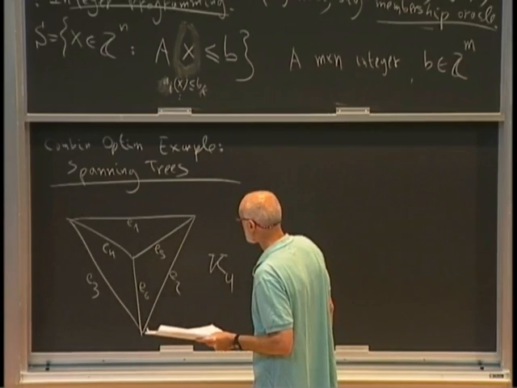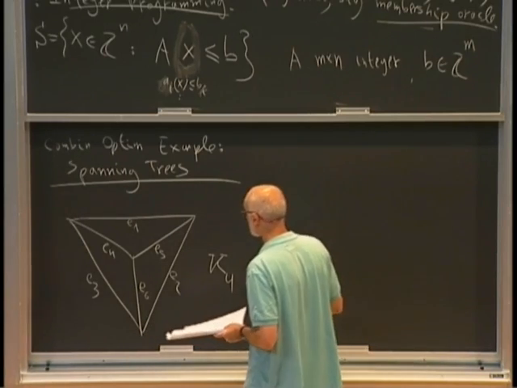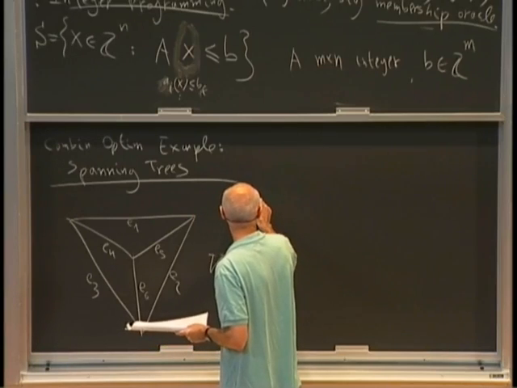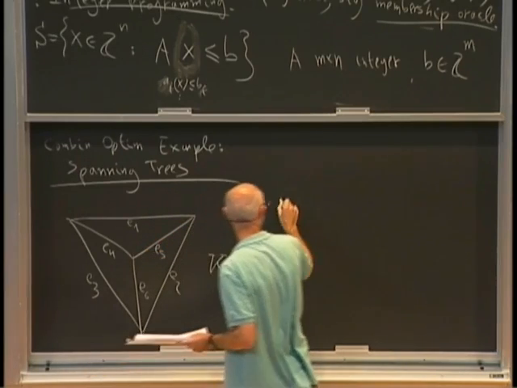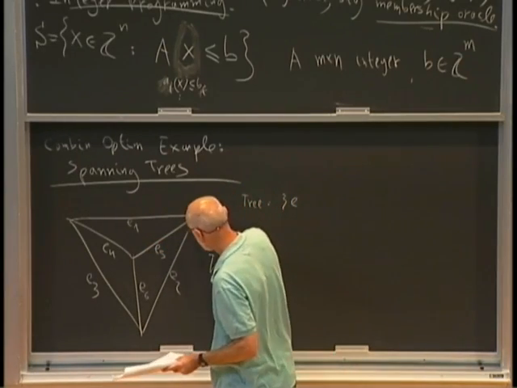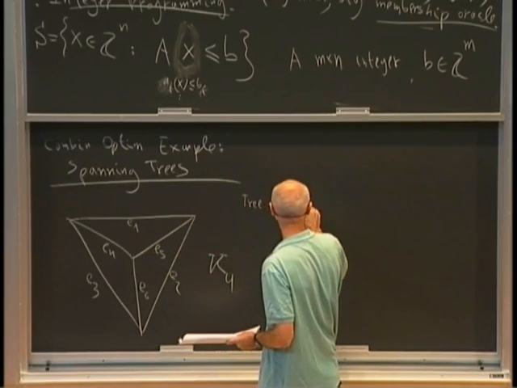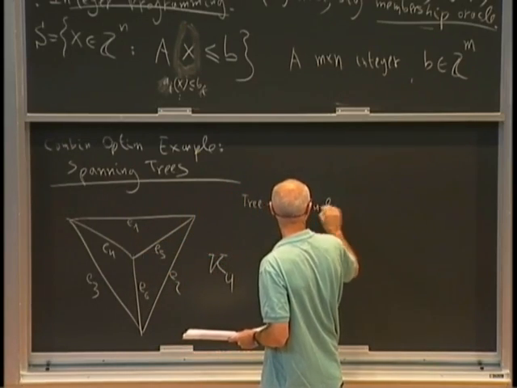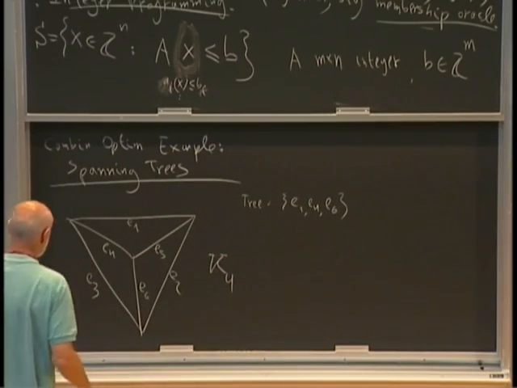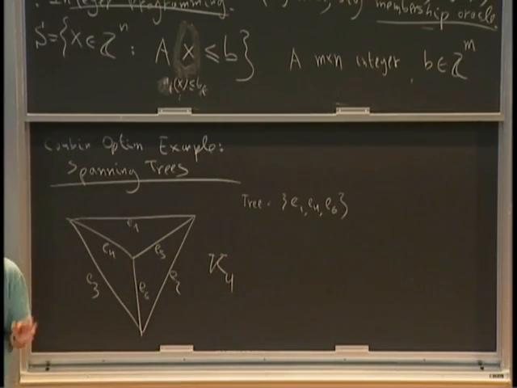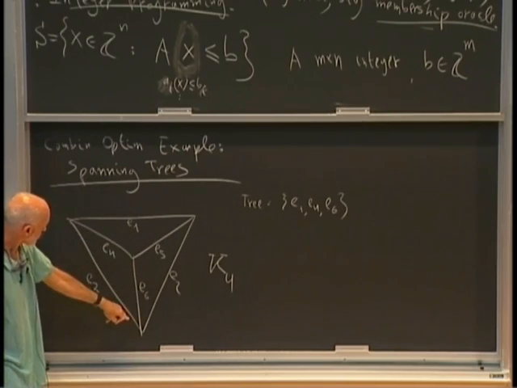A typical tree is, let's say, E1, E4, E6. Tree means a subset of the edges which has no cycle and spans all vertices. So it's connected, connects all vertices, and this is a spanning tree.